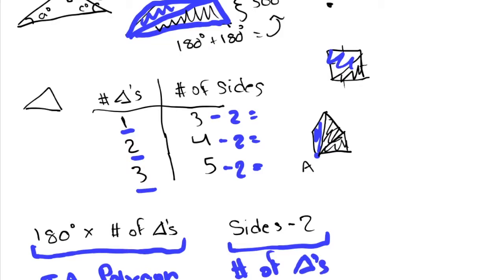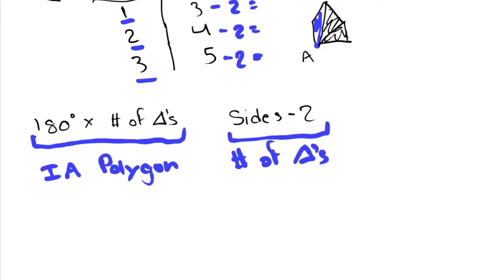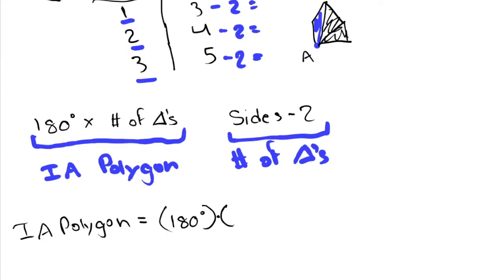Now that we have this, we can plug in the number of triangles instead for the sides, and we can say that the interior angles of a polygon is equal to 180 degrees multiplied by the number of triangles, which can also be written as the amount of sides of the polygon, minus 2. And here we have the algebraic relation between the interior angles of a polygon.